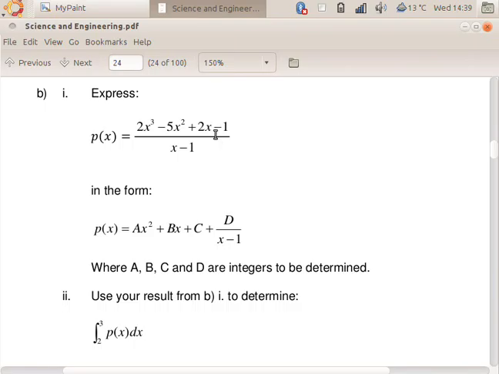The long division. After the long division, you'll end up with this form. But you don't know if it'll be a quadratic here, will it be a linear, you don't know what you get here. So the methods in class are necessary when you don't know the form it's going to simplify to.